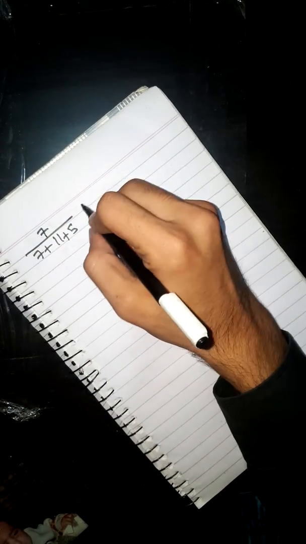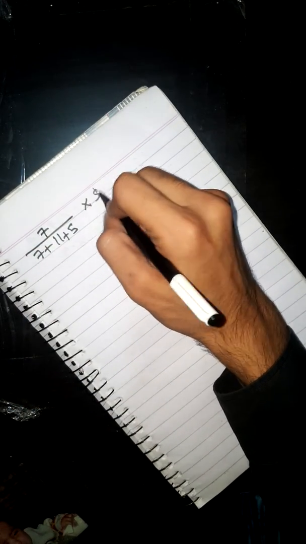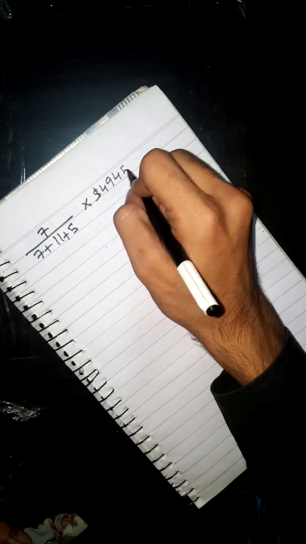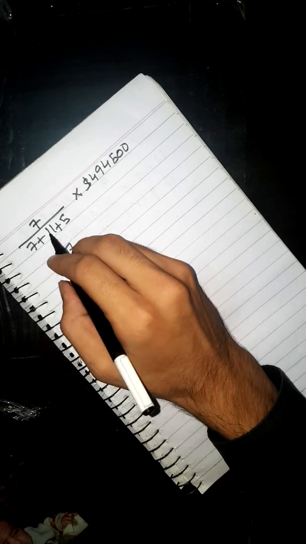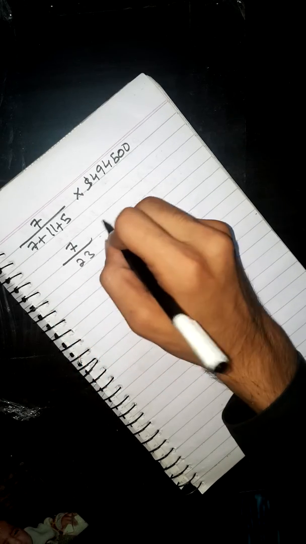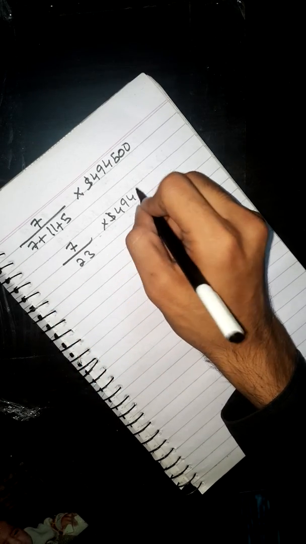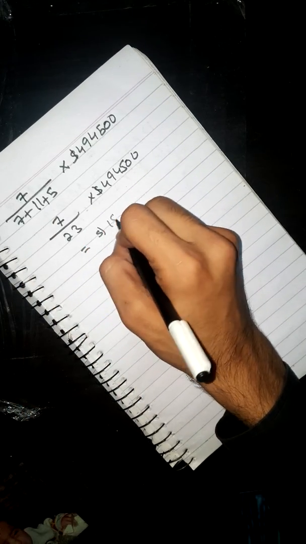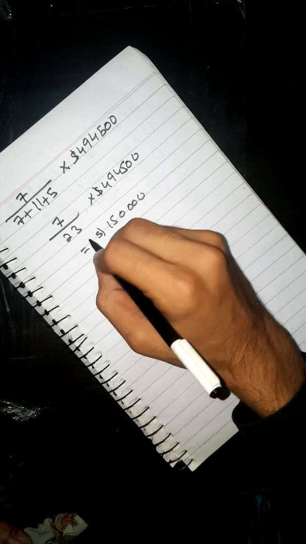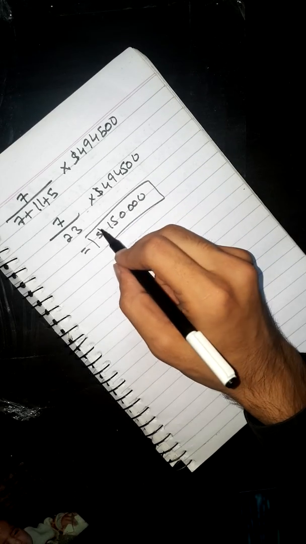And we will multiply it with the total amount. So it will be 7 over (7 plus 11 plus 5) into $494,500. We will simplify it. So this is the profit Ethan made.